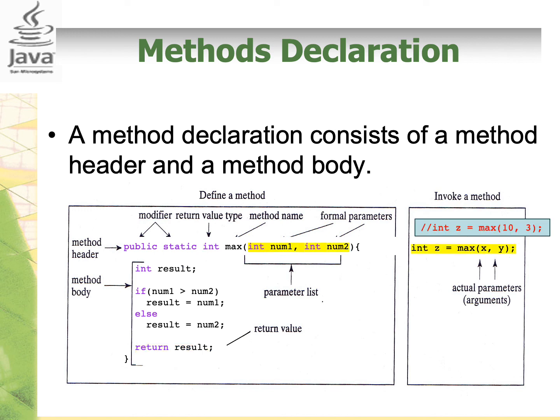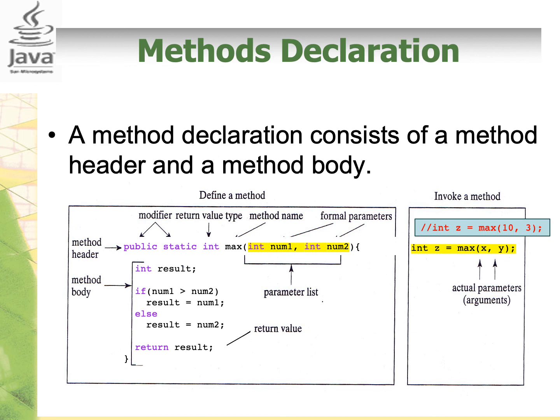To invoke the max method, as it returns an int value, we can use a variable when calling it. For example, int z equal to max(x, y), where x and y are int values. They need to be int because in the method header of max, we define that the method takes in two int parameters.